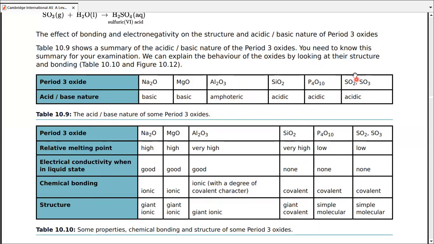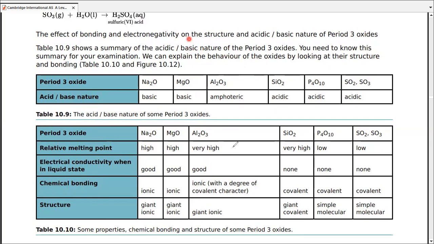If we talk about melting points, the ones that have ionic bonding have high melting points. The ones that exist in a giant covalent or giant macromolecular structure are very high. You must be thinking why aluminum oxide is very high; we have already considered this point.